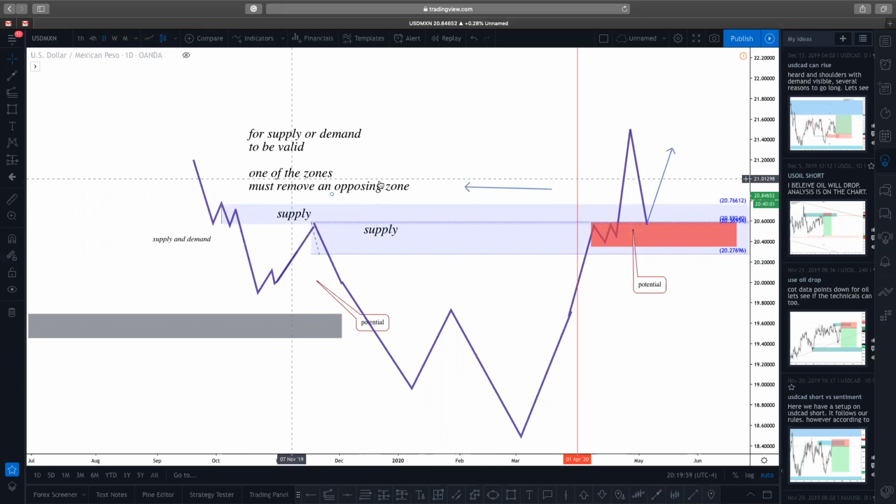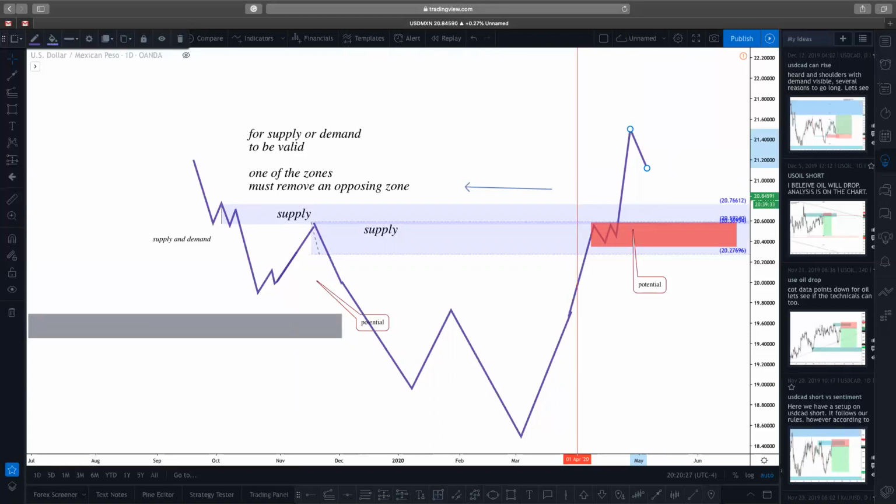So that's when we would consider, okay, the demand is valid. Why? Because it accomplished something. What did it accomplish? It removed previous supply. It's the same way the other way around: in order to validate supply, that supply zone would have had to remove a demand zone.